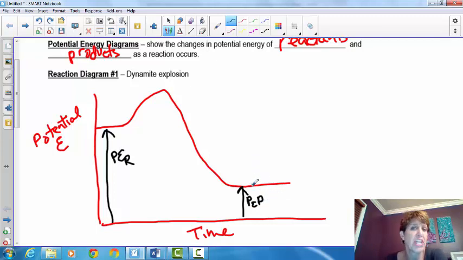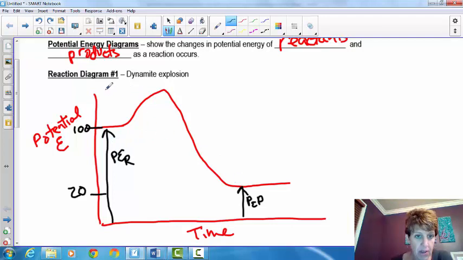Those are pretty easy because what do you have at the start, what do you have at the end, and this is how much energy there is. And I could actually have little values here. We could say that it started with 100 joules of energy and it ended with 20 joules of energy, so there was a lot more energy in the reactants than there was in the products.